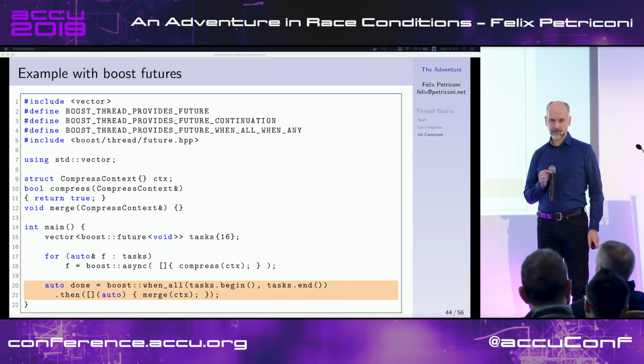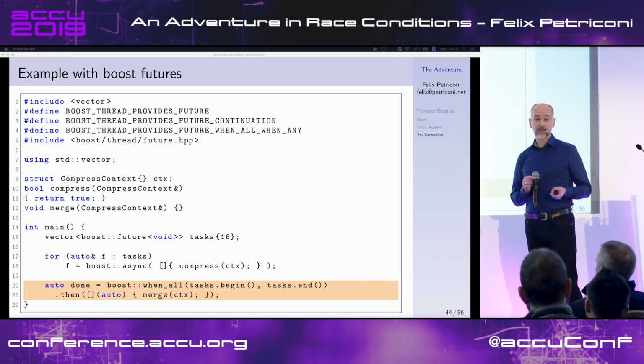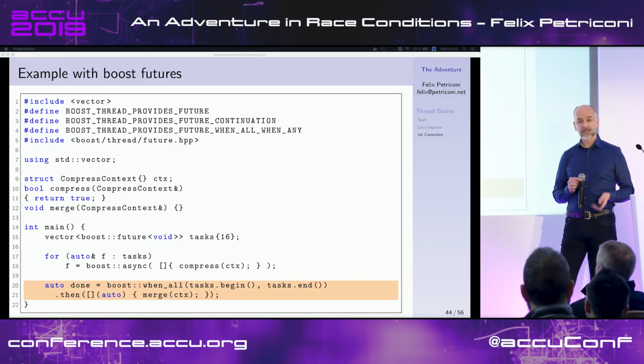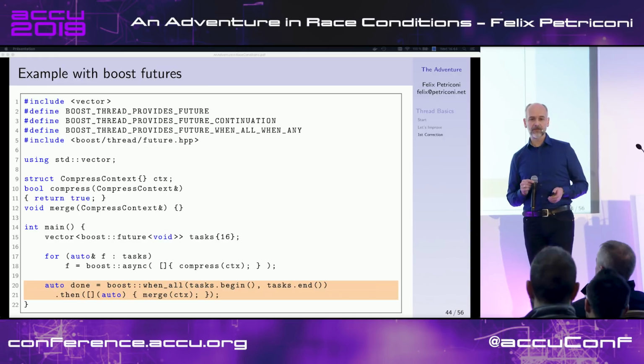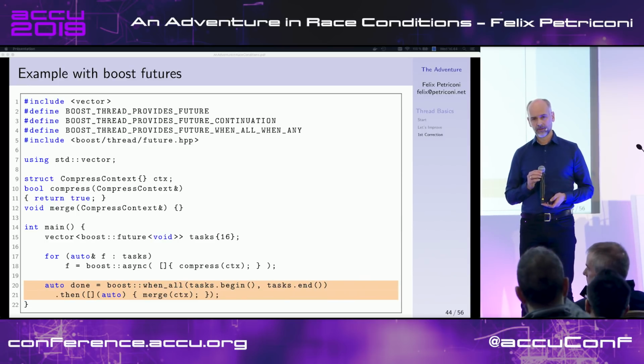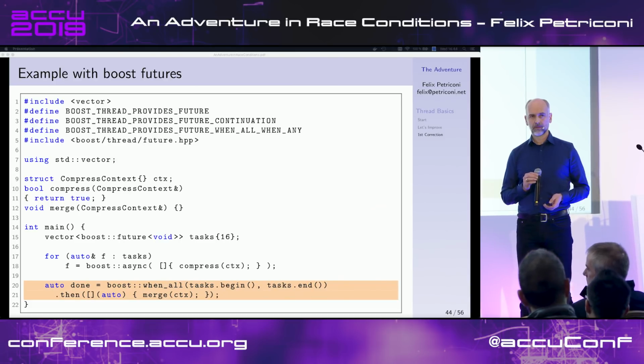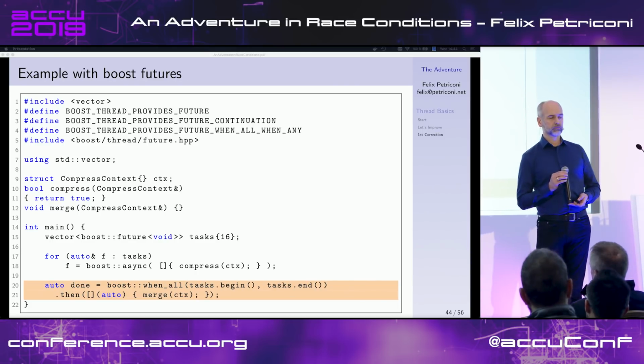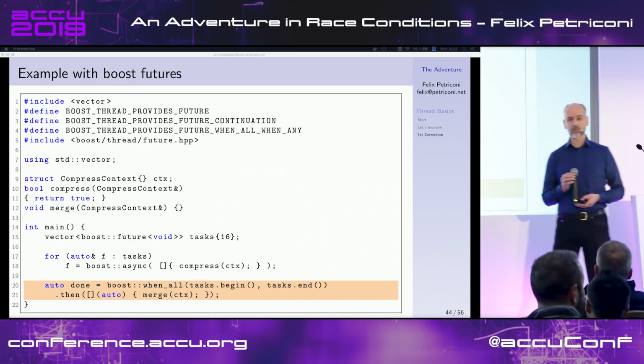Yes. Because std futures don't do it. Std futures do it as well. Well, std futures, yes, they block on destruction as well. That's a problem of standard futures and Boost futures. Actually, only futures returned from async block in std. Other futures that are not returned by async do not block. He agrees, then it's probably, yeah.